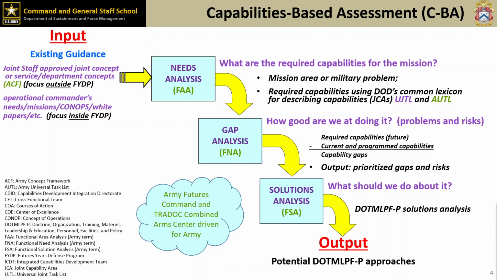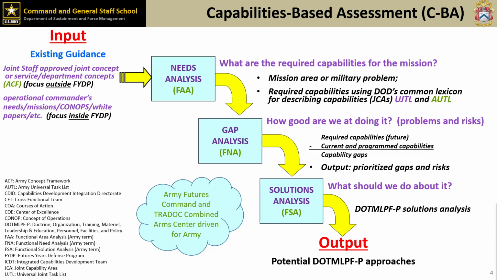Once we've determined what we need to be able to do, we go into gaps analysis, which is nothing more than taking that list of stuff that you're required to do, those requirements, matching it against current capabilities, and finding the difference. If there are things we're required to do that we can't currently do, that's a capability gap. And those gaps get prioritized for how we're going to work on them, which takes us into the third step of solutions analysis.